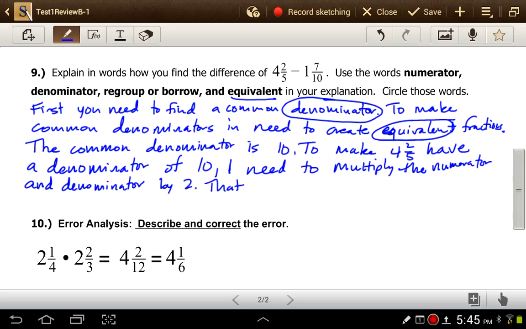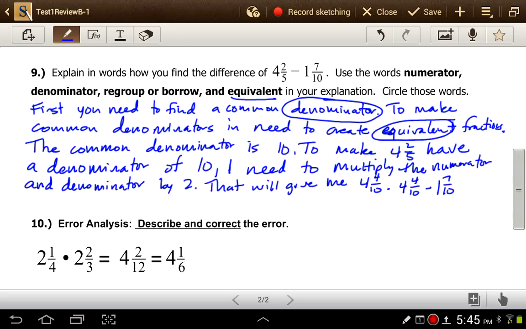That will give me 4 and 4/10. Now that I have 4 and 4/10, I can subtract them. Except I cannot subtract 4 minus 7. Okay, I now have 4 and 4/10 minus 1 and 7/10.